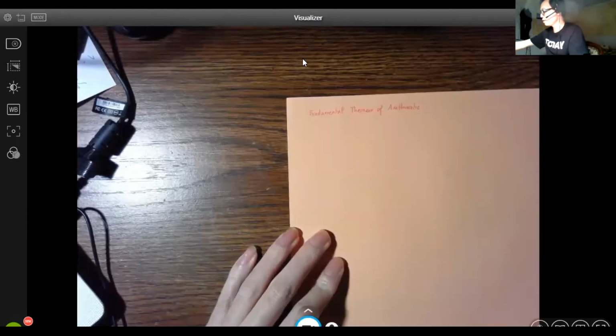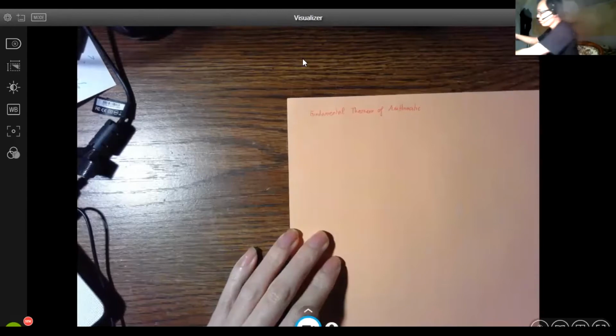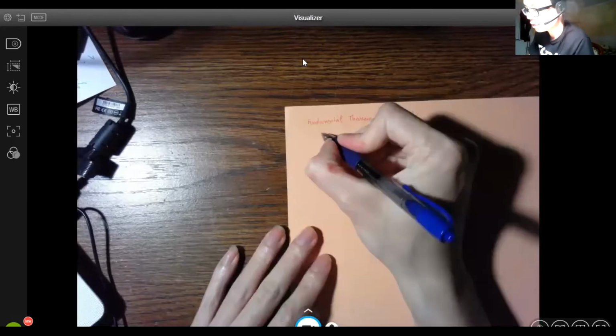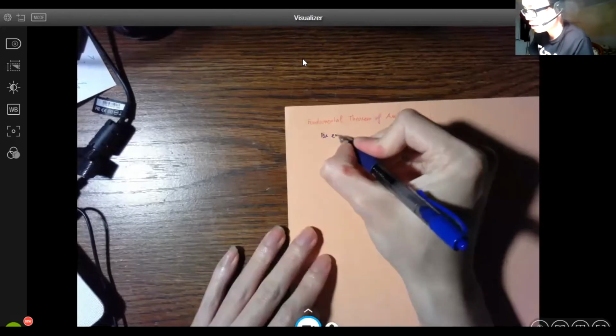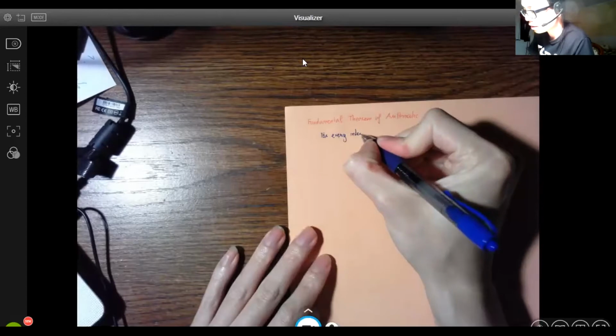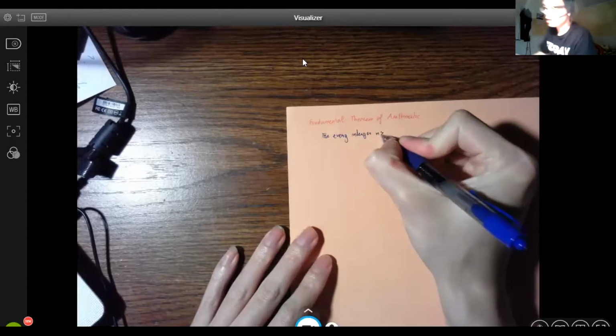And this theorem said that every integer that's greater than or equal to 2 can be written as the product of primes.